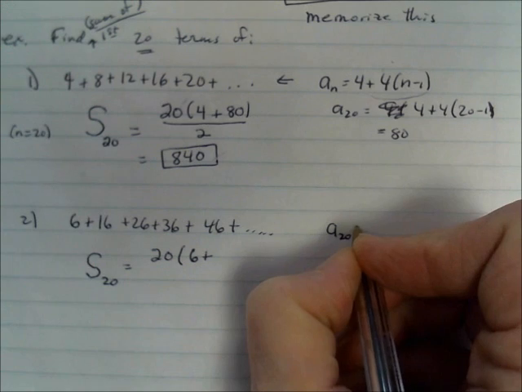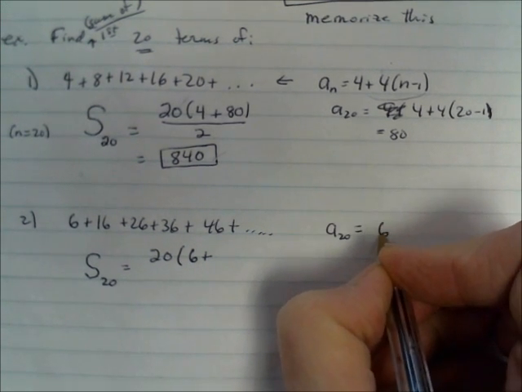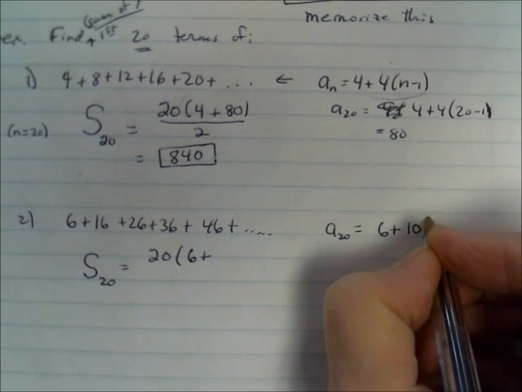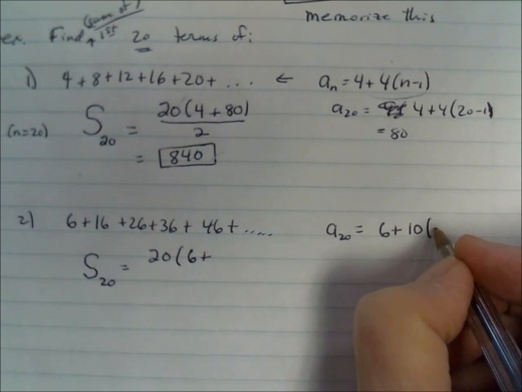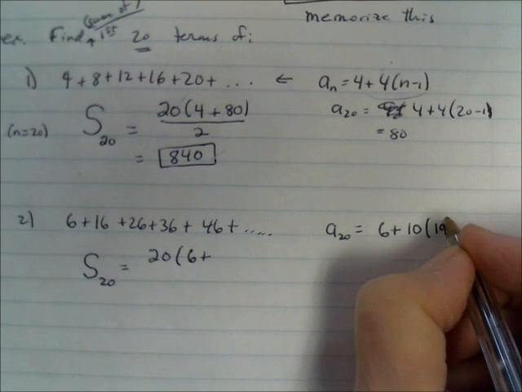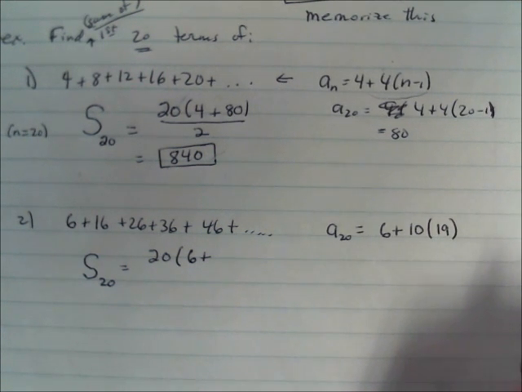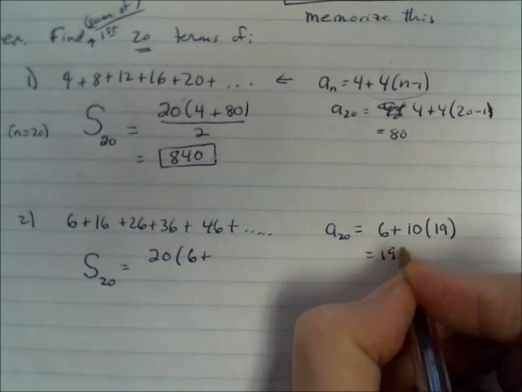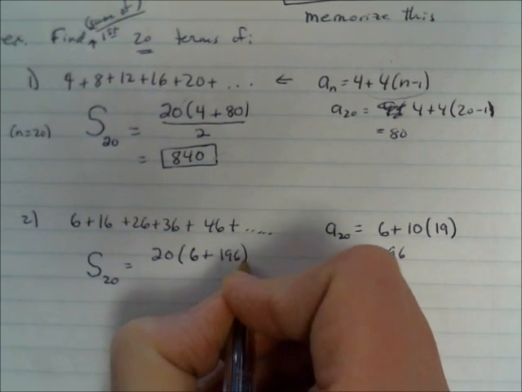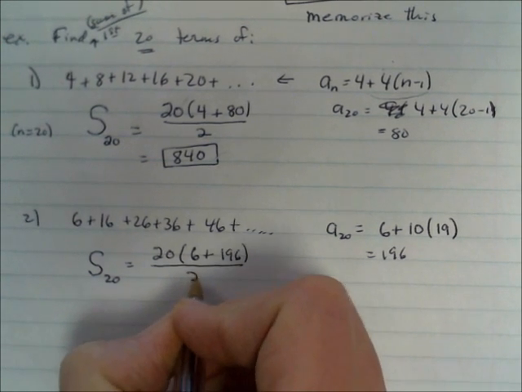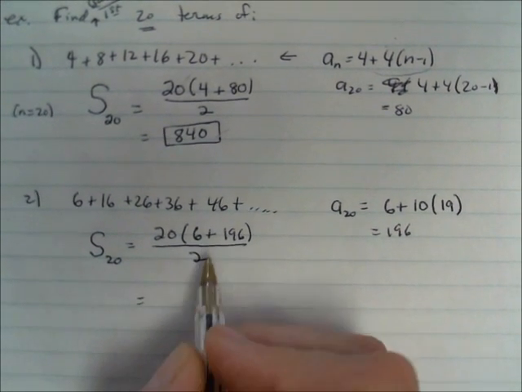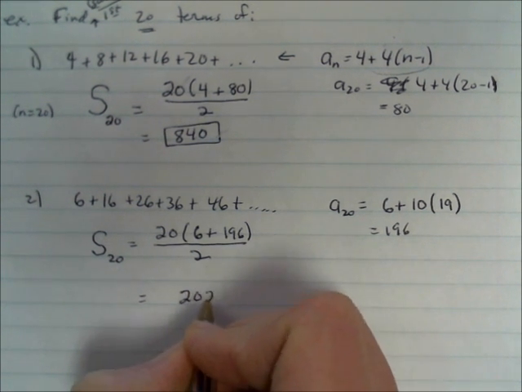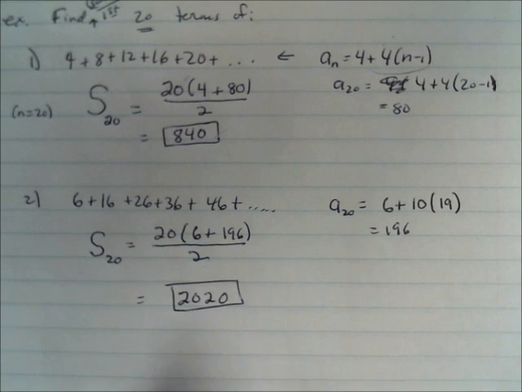So the 20th term is equal to the first term plus the difference, which is 10, times n minus 1. 20 minus 1 is 19. So what we have is 190 plus 6. So 196 goes in for the 20th term, all over 2. So we have 10 times 202, which is 2020, I believe.